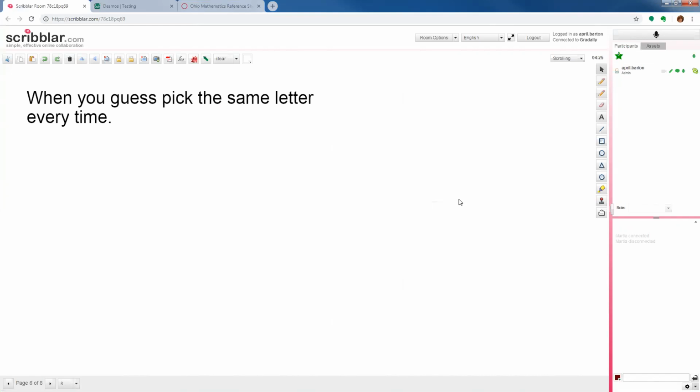On those, if you have a whole bunch of them, just guess the same letter. I don't recommend guessing. It's not a great idea. But if you're short on time, or you just have no idea on this one, it's a good tactic to at least get a little bit more points.